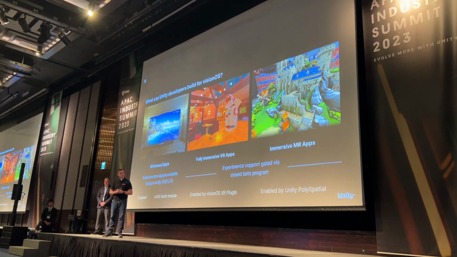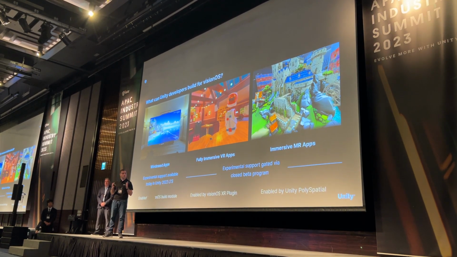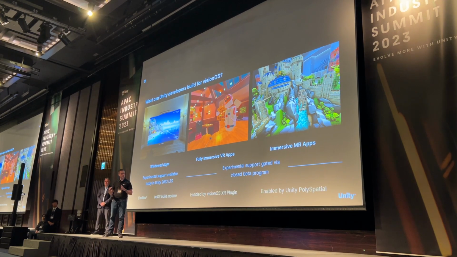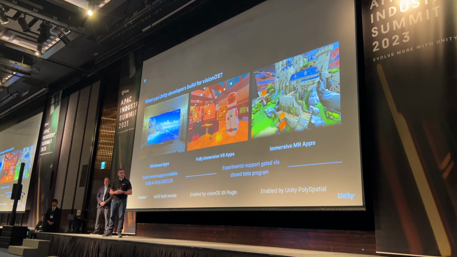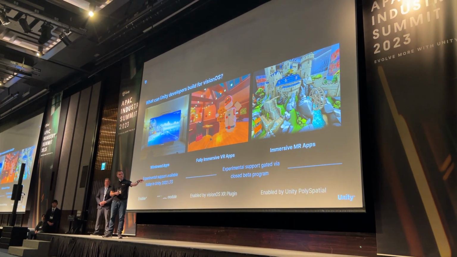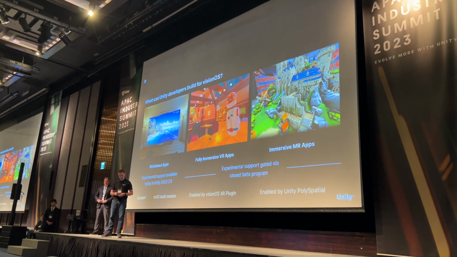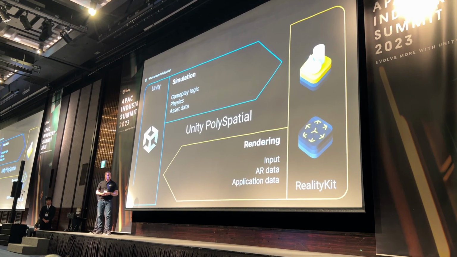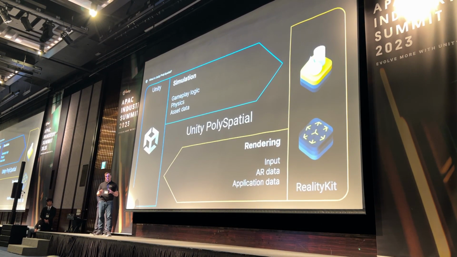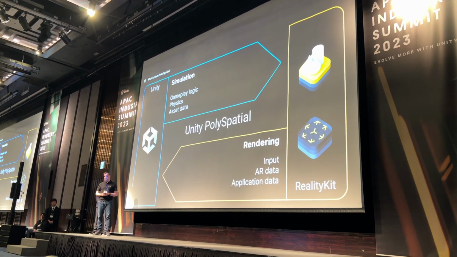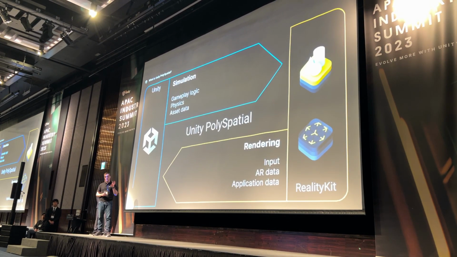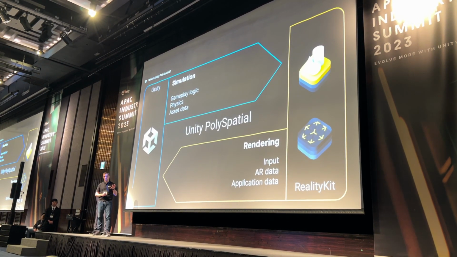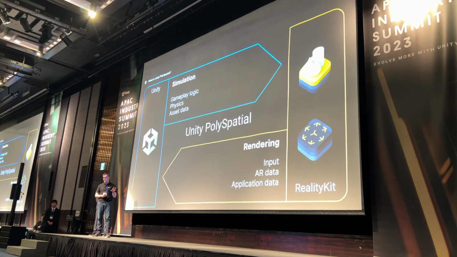And in the case of a mixed reality application, supporting pass-through, eye tracking, the extra features that we have on the Apple Vision Pro, we've actually developed a brand new solution called Unity PolySpatial. So this enables you to build applications that are native for the Apple Vision Pro, and in this case they contain a Unity runtime that handles the simulation, so the gameplay logic, physics and asset data.